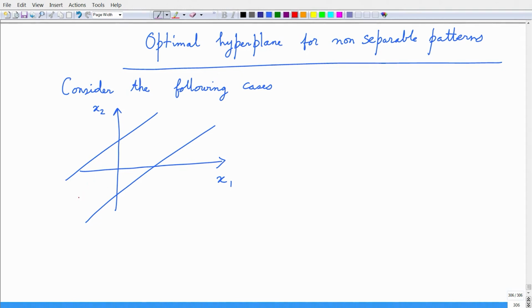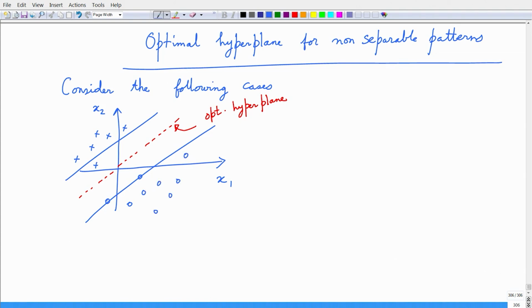So, this is my optimum hyperplane indicated by these red dots, and I have points belonging to class 1 and 2, the stars or the crosses here, and these circles.